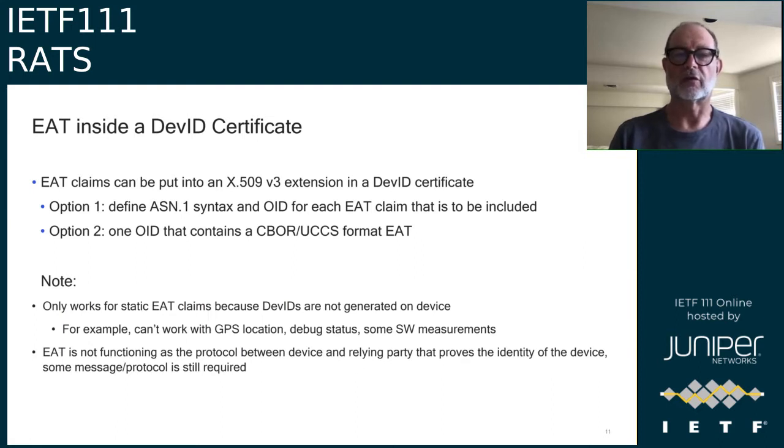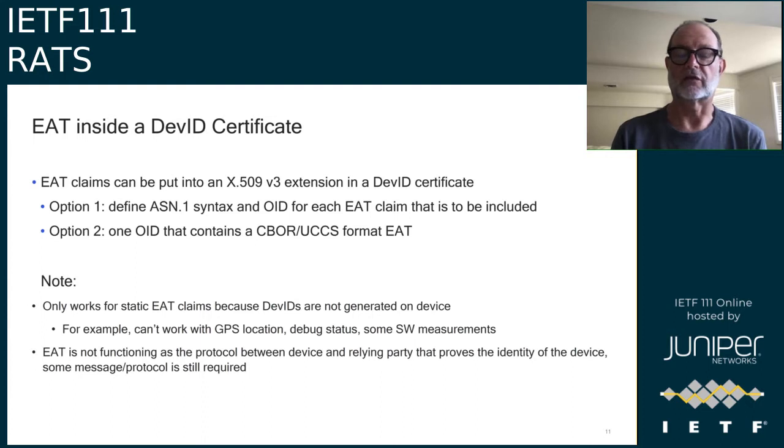One thing to note here is this only works for static EAT claims, because DevIDs are generated by the manufacturer, not on the device, so you can't use things like GPS location, debug status, and some software measurements that are conducted on the device. Those can't be used there, so not everything. Also note that EAT is not the protocol between the device and the relying party or the verifier.